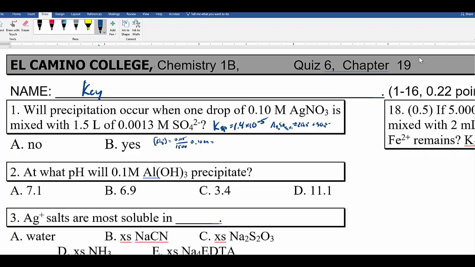And so what does that come out to? 0.05 divided by 1500 times 0.1. That comes out to 3.33 times 10 to the minus 6 molar.